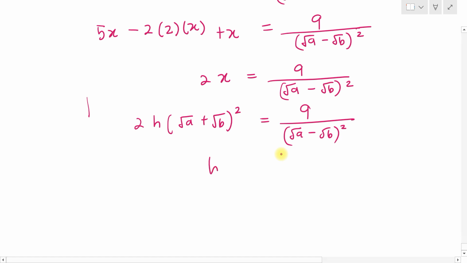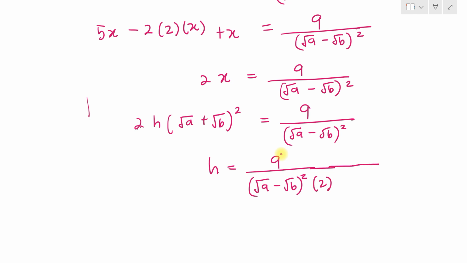Why troubling? So h is 9 over square root a minus square root b squared. And then these 2 come here, divide. And then the square root a plus square root b squared also come here.